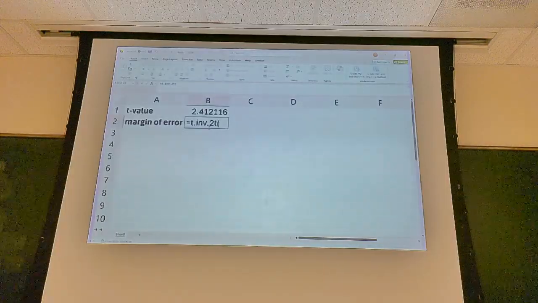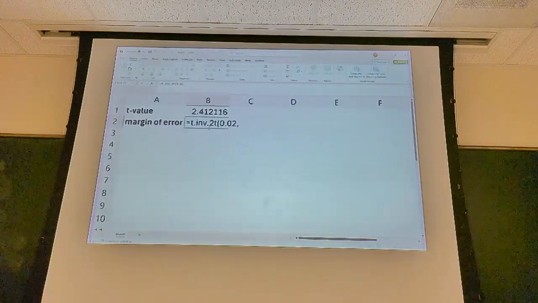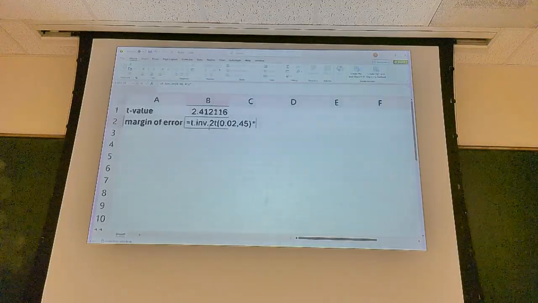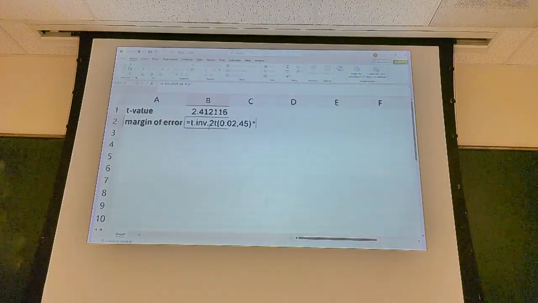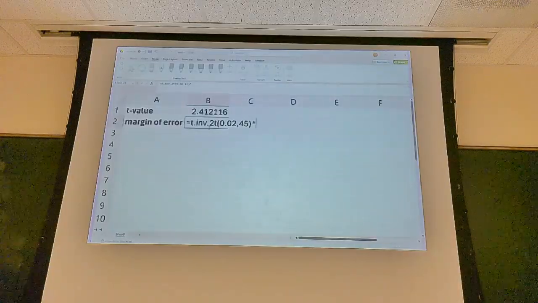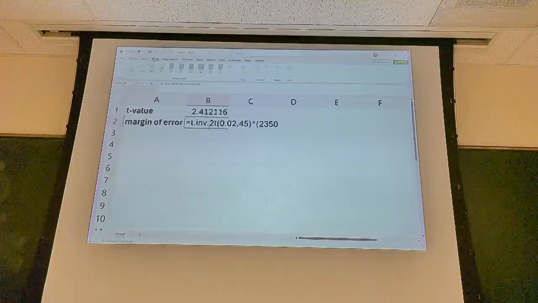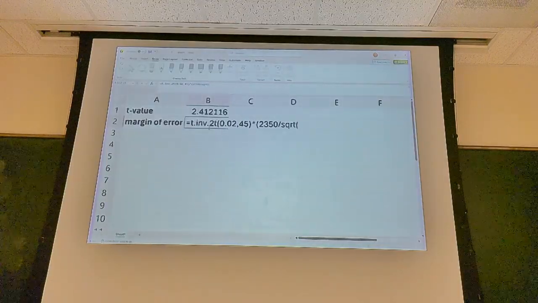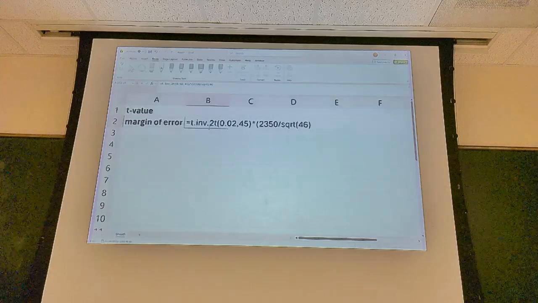So that formula again: t times standard deviation divided by the square root of sample size.